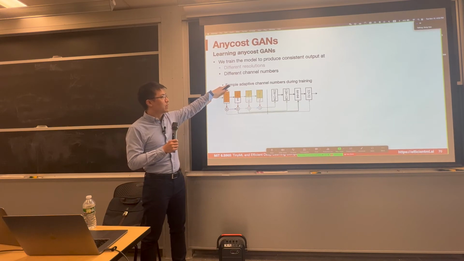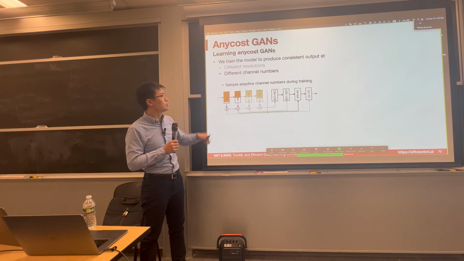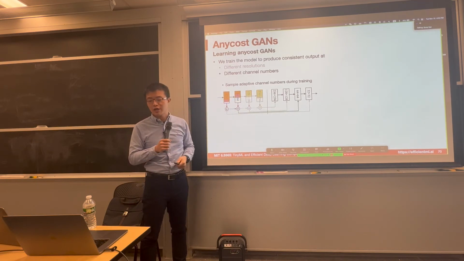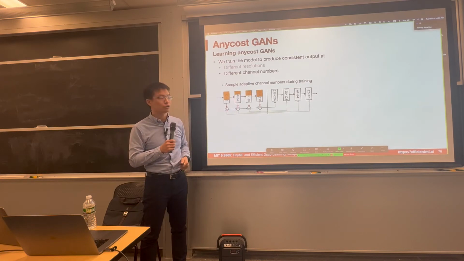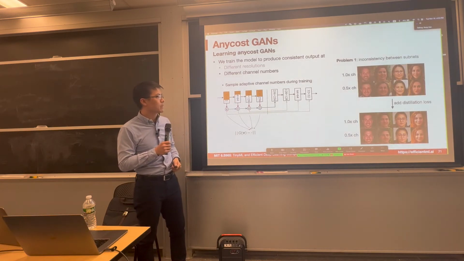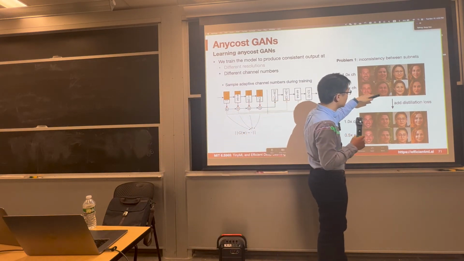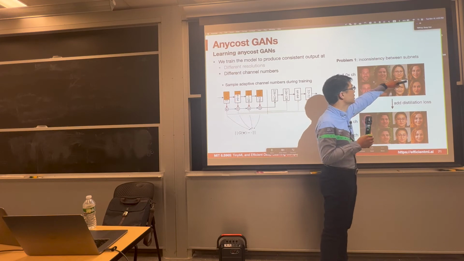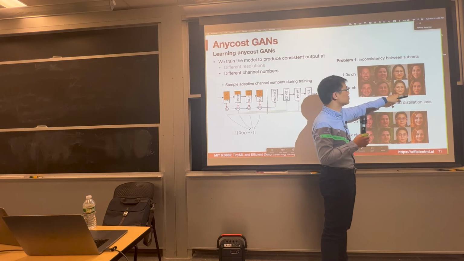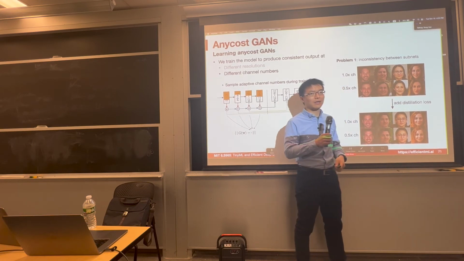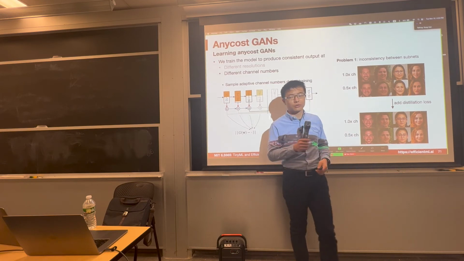With respect to the channels, we are using a similar approach to the Once-for-All model, so we can sample an adaptive number of channels during training. We use the full model or a partial number of channels. But the problem is that using fewer channels causes inconsistency. With full channels, this is the generated image. This is using half of the channels. The eyeglasses suddenly disappeared, and the generated image doesn't look similar.